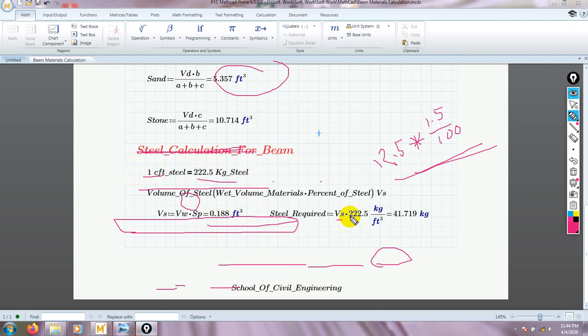So VS into the unit weight means 0.188 into 222.5 kg per feet cube equals 41.719 kg. In this way you can calculate the materials required for your beam estimate and construction.